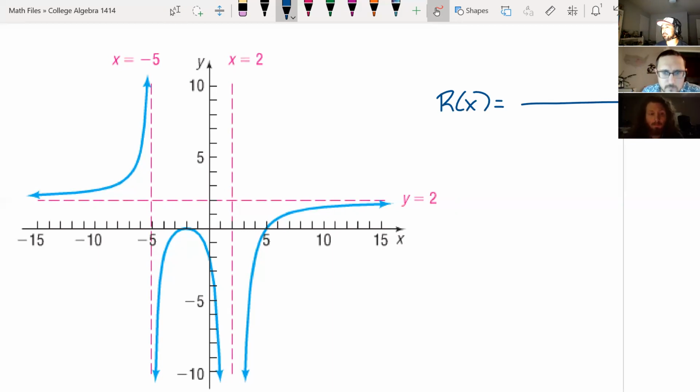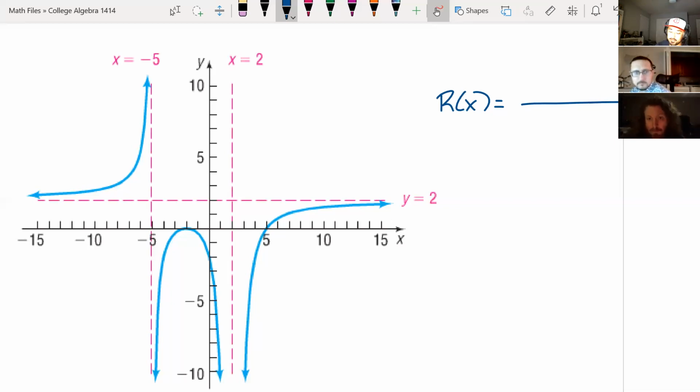what are my vertical asymptotes? Cassie in chat answered -5 and 5. Well, my vertical asymptotes are -5 and 2.